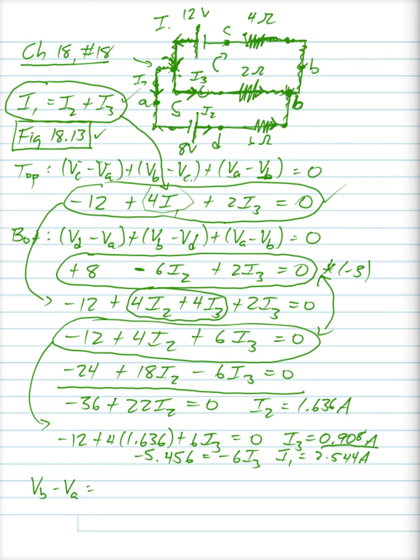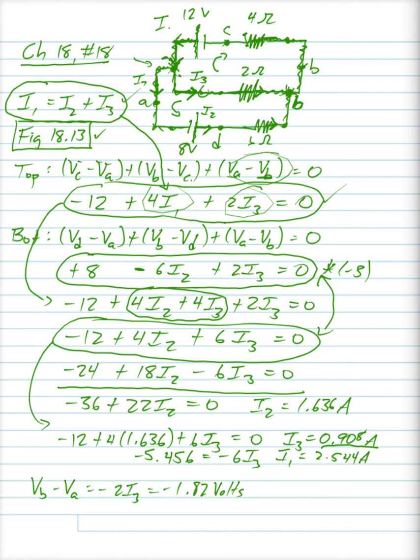This is VA minus VB up here, we have VA minus VB is 2I3, so VB minus VA is minus 2I3. So that'd be minus 1.82 volts.